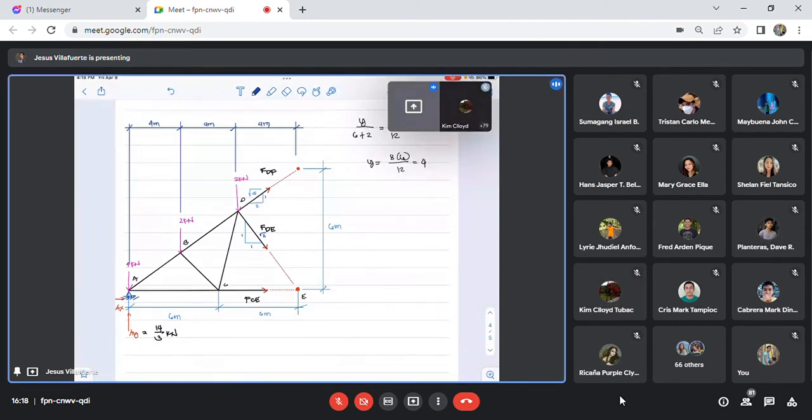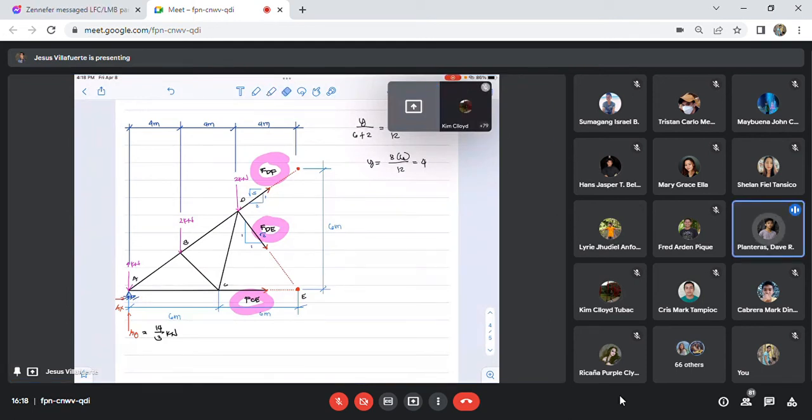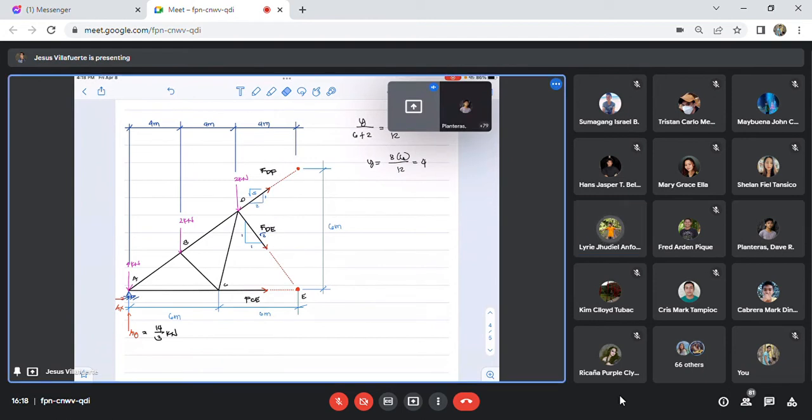If we take summation of moment at point A, that one will be zero. But this one will not be zero. So we have two unknowns. This one is not equal to zero.